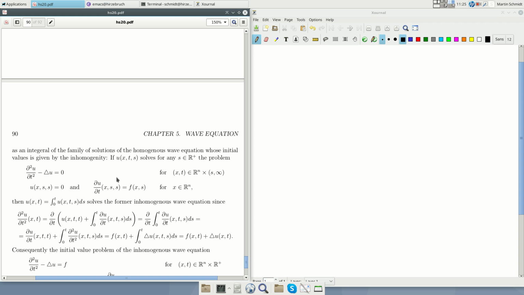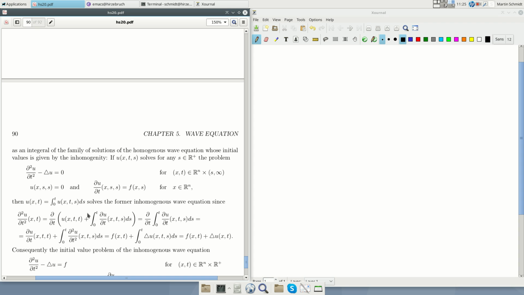So we define this, and then the integral over s from 0 to t now solves indeed the inhomogeneous wave equation. And if we set t equals 0, then it's an integral over a function over an interval of length 0, so this is 0. So this clearly vanishes at t equals 0.